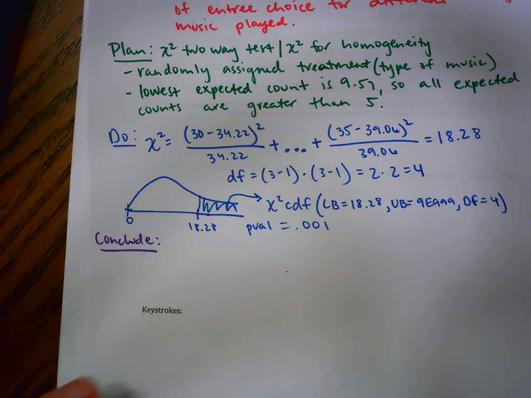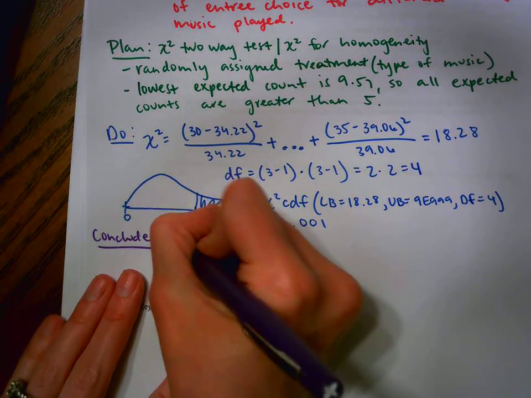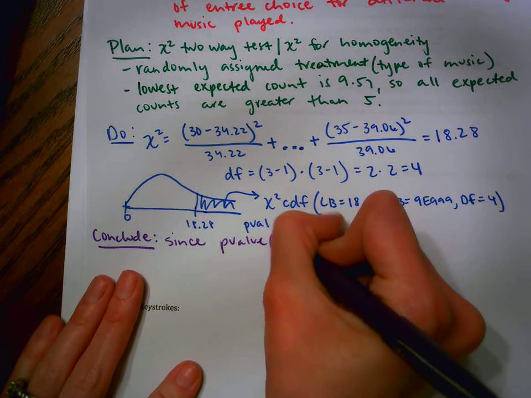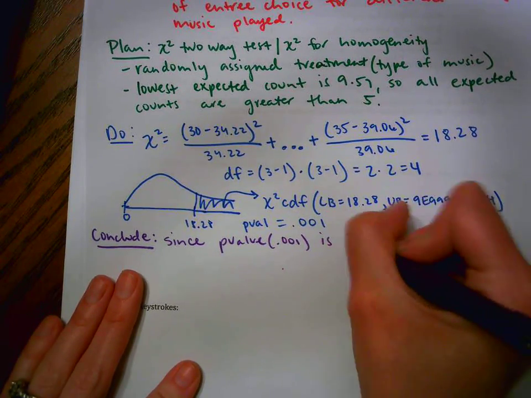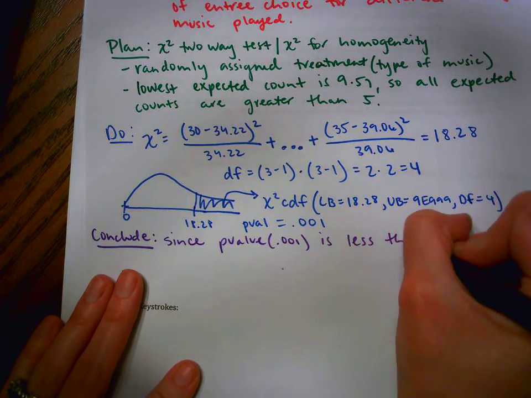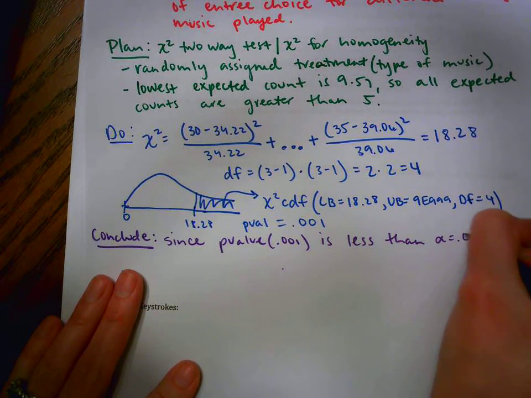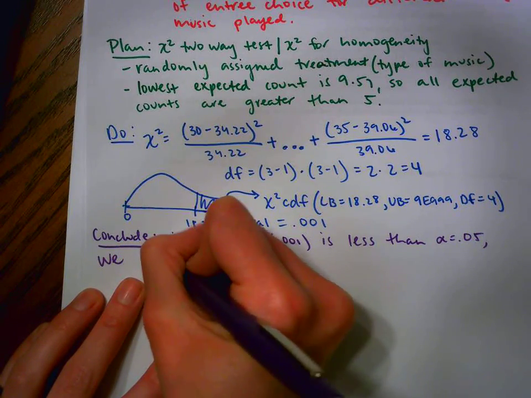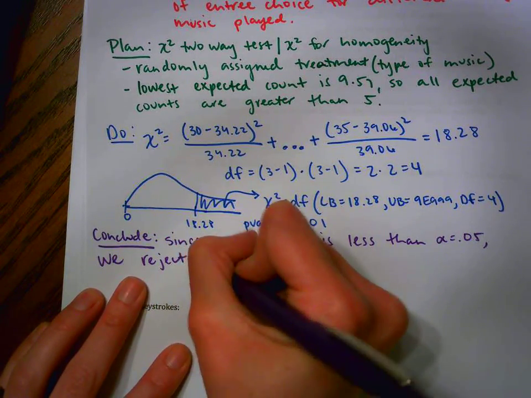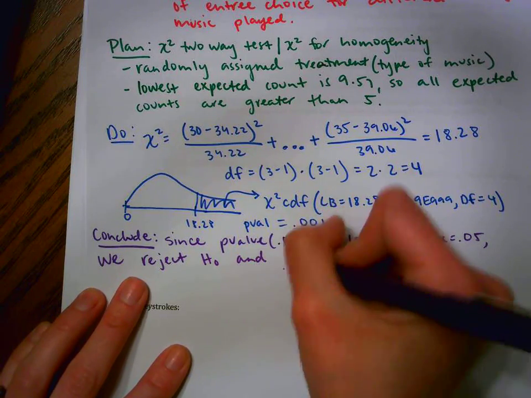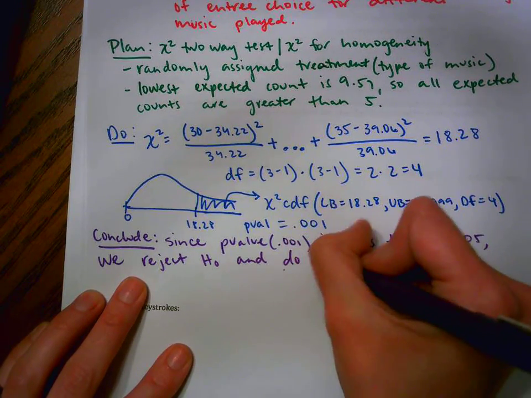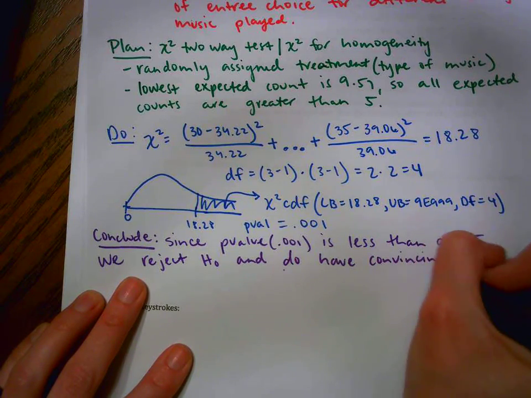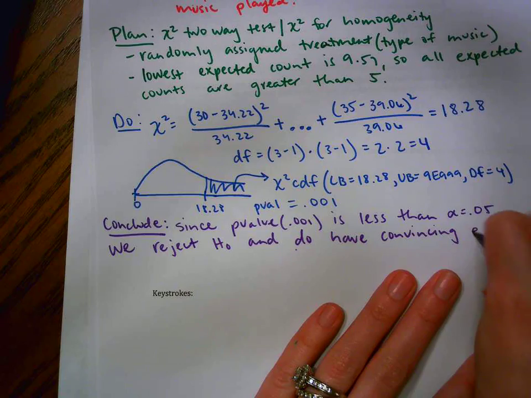Okay, so the conclusion starts the same way always. Since the p-value 0.001 is less than alpha, equaling 0.05, we reject H0, and we do have convincing evidence. I have to pretend you are here with me, or it's sad.